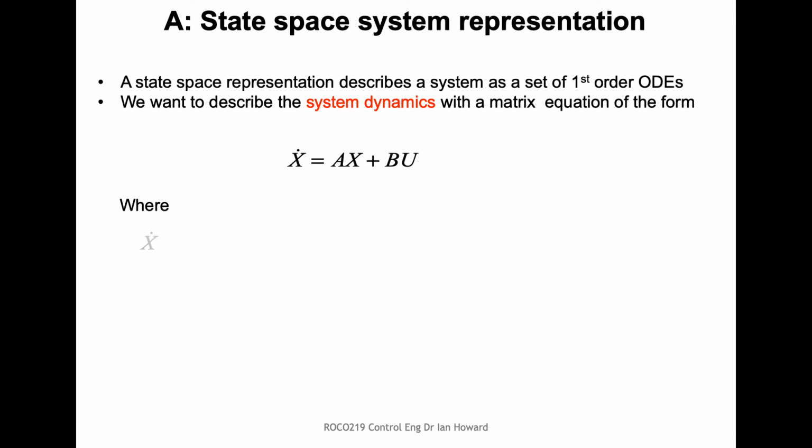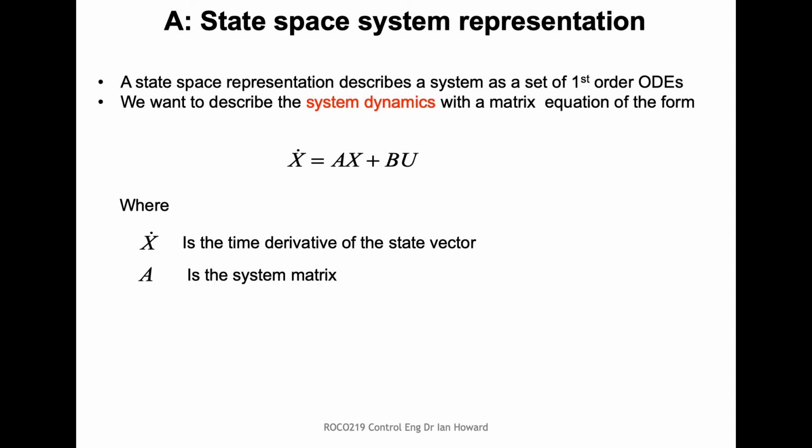Well, first of all, x dot is the time derivative, the first derivative of the state vector, and this is going to have elements in it. If we've got three states, there would be three elements, and it's going to be a column vector. A is the system matrix, which contributes to the derivative. x is the state vector.